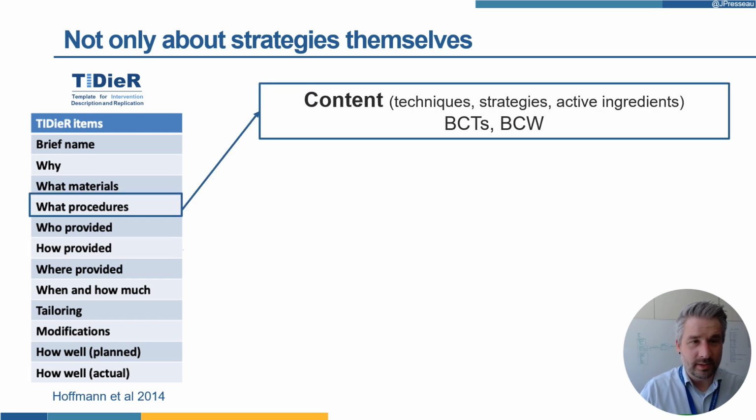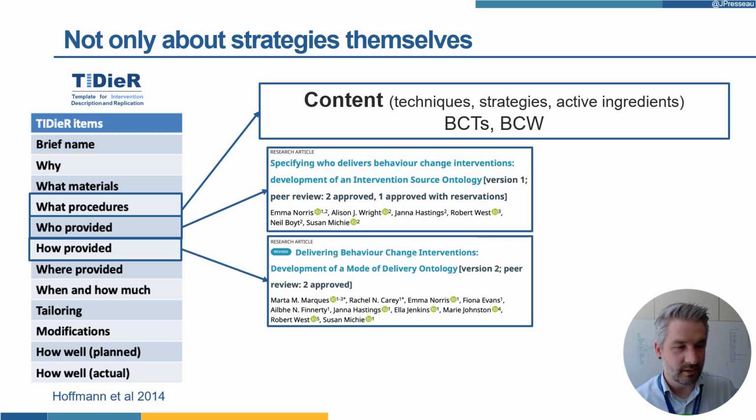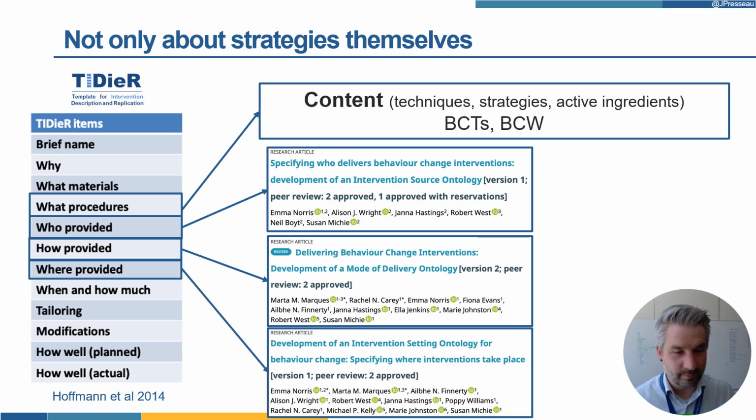And in my mind, importantly, it's not only about the strategy. There are reporting guidelines like the Template for Intervention Description and Replication, or TIDieR, that recommend outlining any intervention in these more specific items. And when we get to the what procedures, that's really the behavior change techniques or BCW level. This is the strategies, the active ingredients. But if you're interested in the who provided, or the how provided, or the where provided, there are emerging ontologies that are being developed for behavior change techniques as well, by the way.